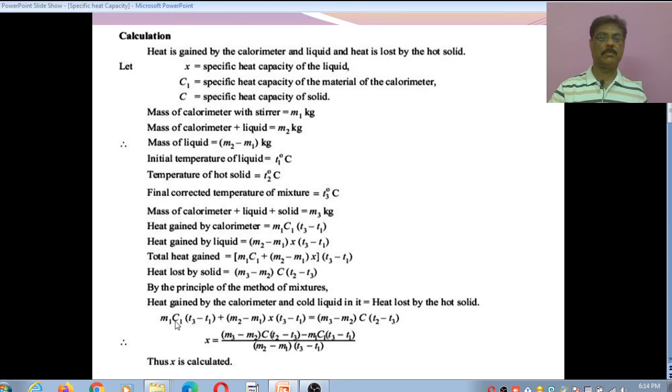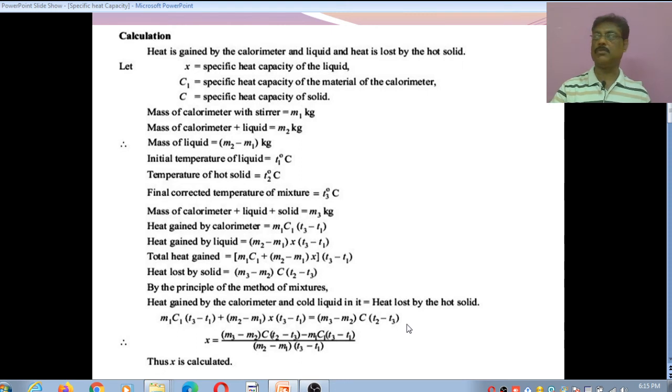So we substitute: m1 C1 into (T3 minus T1) plus (m2 minus m1) into x into (T3 minus T1), which is equal to (m3 minus m2) into C into (T2 minus T3).